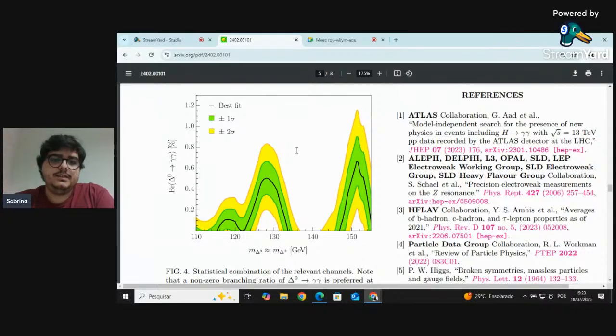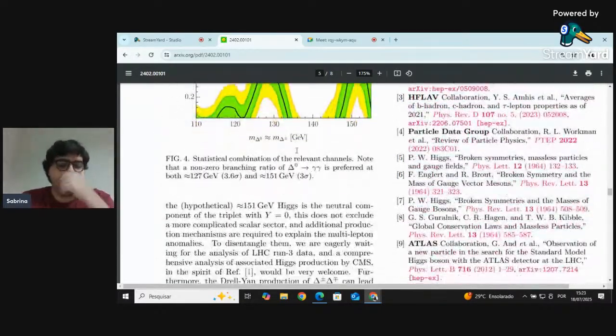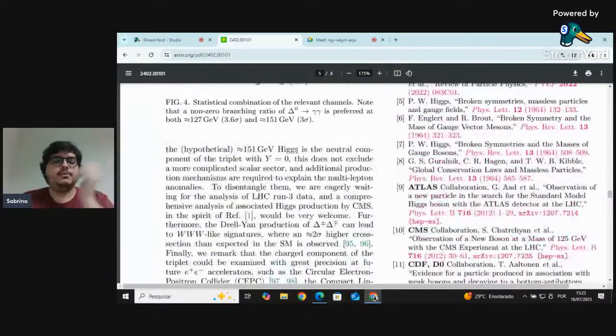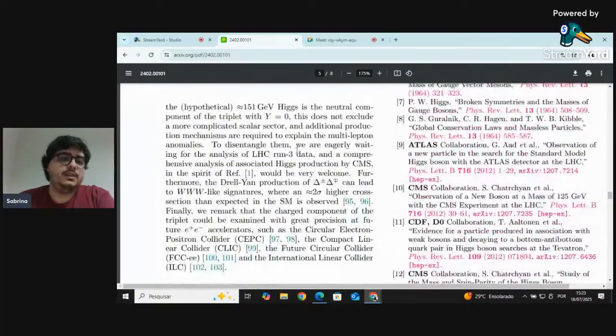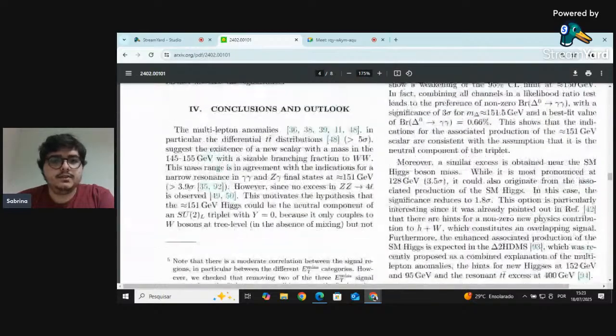It's not a complete way to describe this. You can make this in a lot of ways. This is just one of them. Okay, so they say that those analyses could be improved in run 3 of the LHC, of course, in the FCC-hh, in high luminosity, and that's basically it in the article.